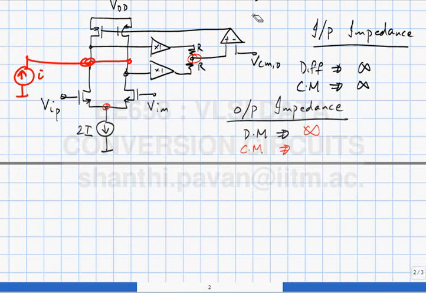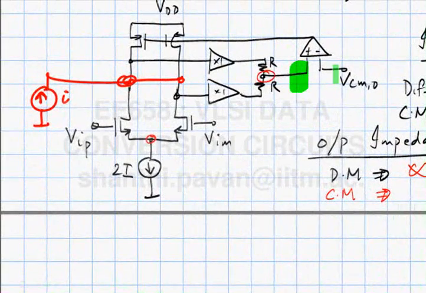So it knows that the output common mode voltage is too high. That means the current being pushed into the node is too much. So it does all that it can to bring the potential at the left node as close as possible to the potential at the right.